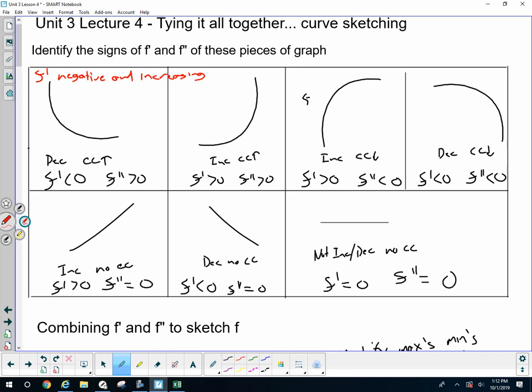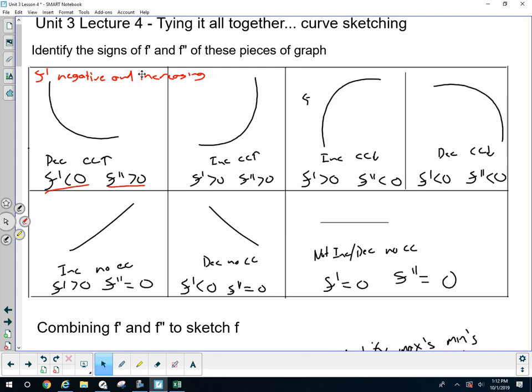And you will be asked questions like, when is f prime negative and increasing? You need to be able to say, okay, f prime is negative, that's this. F prime is increasing, its derivative is positive, that's how I get that. So these are the same. We need to be comfortable with them being the same.